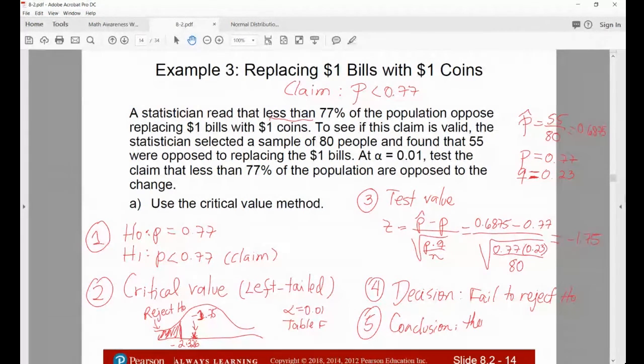So there is not enough evidence to support the claim. Because we couldn't reject the null hypothesis, then we cannot support the alternative.